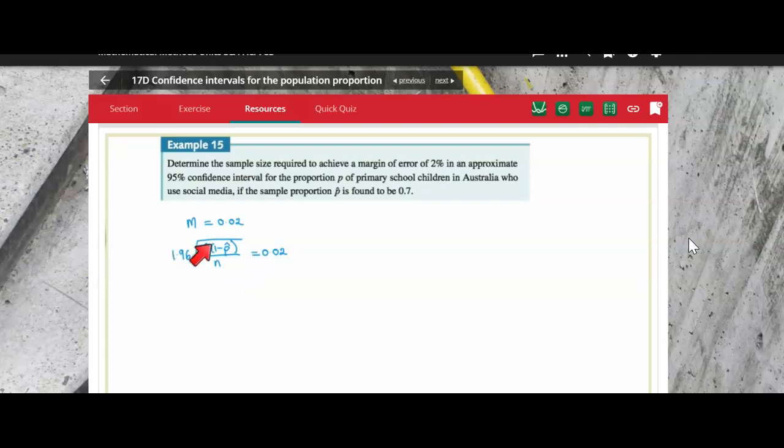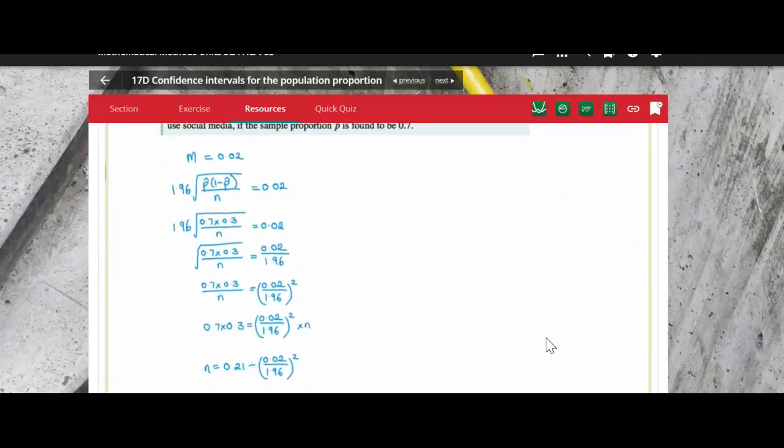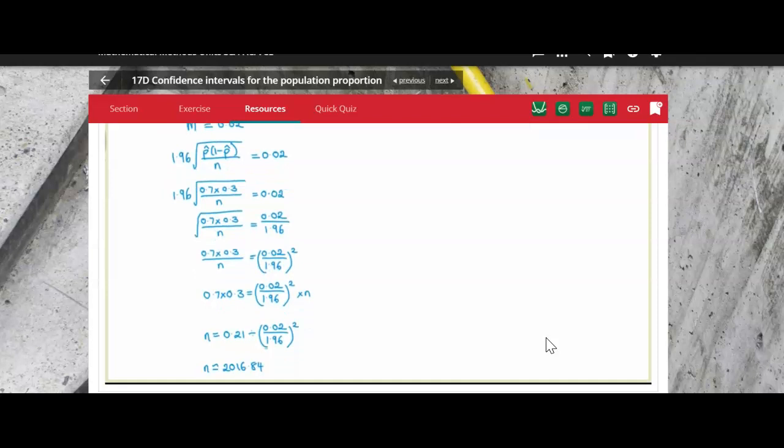This formula here gives us our margin of error. So when I replace my p hat with 0.7 and work that through, I can start rearranging this formula to find the value of n. But n is a sample size, so we can't have that as a decimal. Therefore, the sample size we need would be 2017 to achieve a margin of error of 2%.